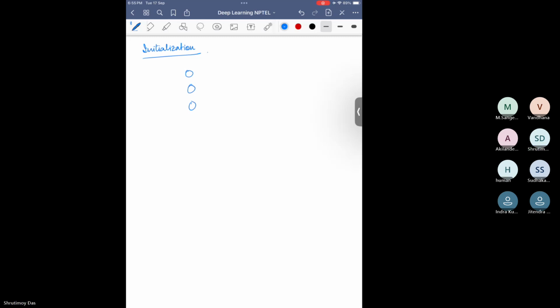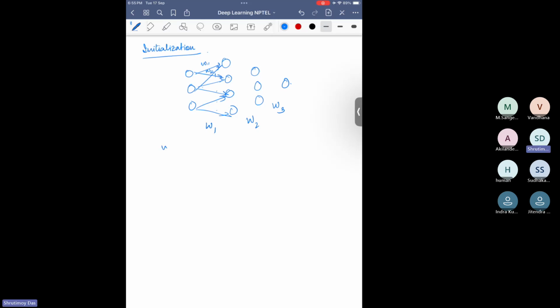I'll just draw this neural network. Something like this, you have your connections here and so on. Suppose this whole matrix is W1, this is W2, and some matrix here is W3, right?